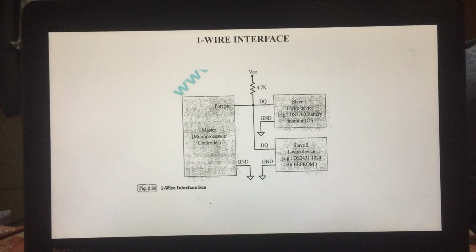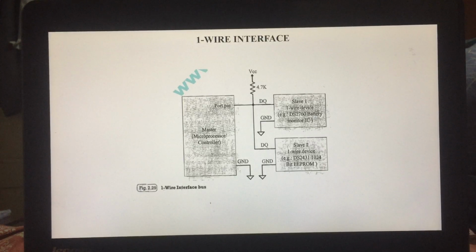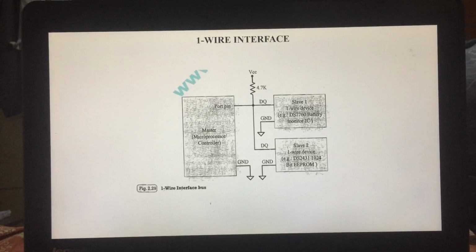If a slave device is present on the bus and is ready for communication, it should respond to the master with a presence pulse within 60 microseconds of the release of the reset pulse by the master. The slave device responds with a presence pulse by pulling the one-wire bus low for a minimum of 1 time slot. Here 1 time slot means 60 microseconds.